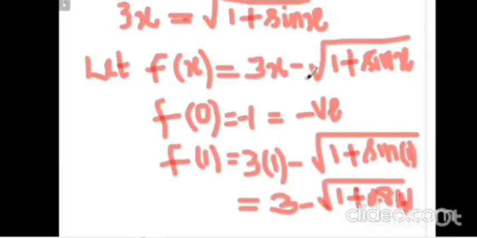Let me take f(x) is equal to 3x minus root of 1 plus sin x. Let me take an initial value of 0. If I substitute the value 0 in the above equation, f(0) value is negative.